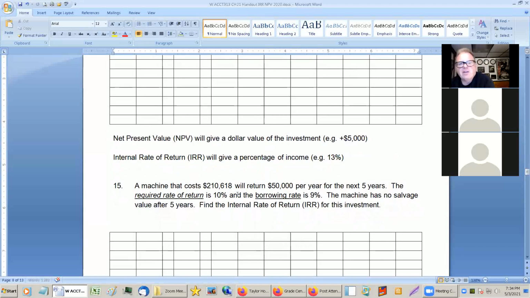Okay, so net present value will give you a dollar value of the investment. Okay, you'll be $5,000 better off.